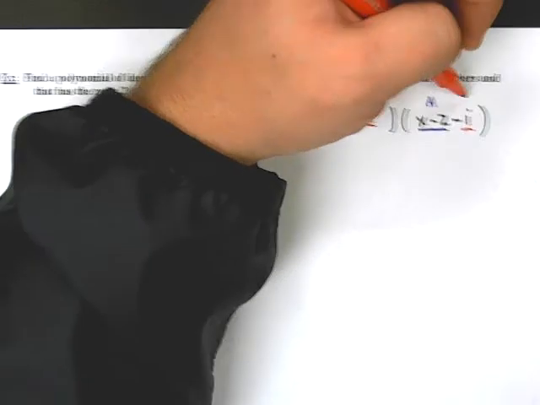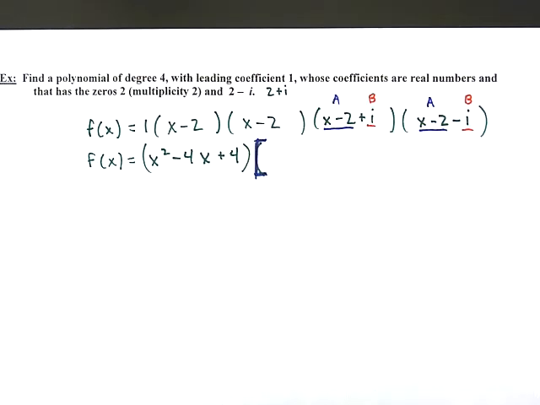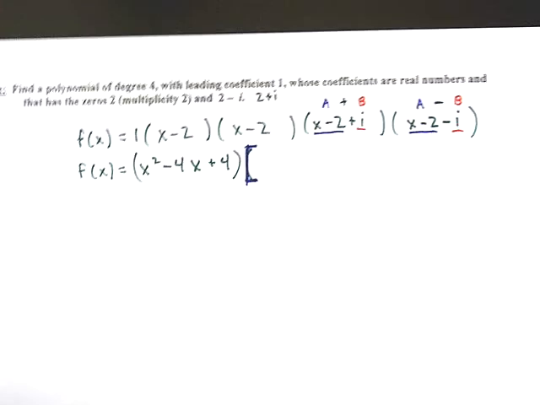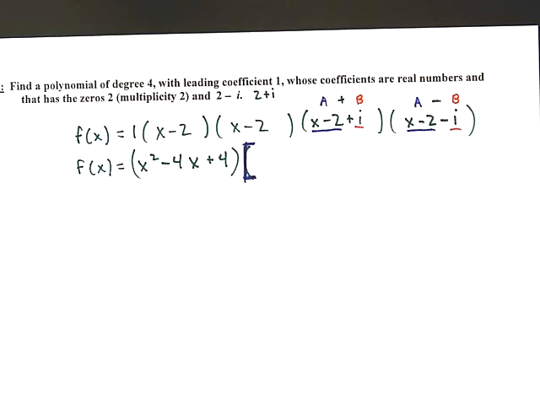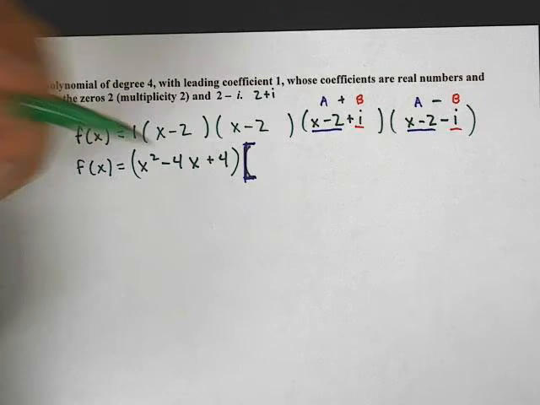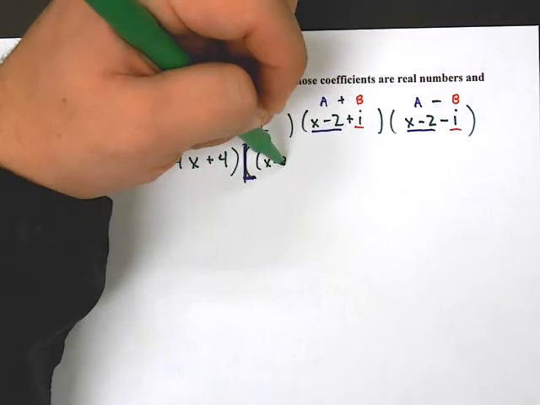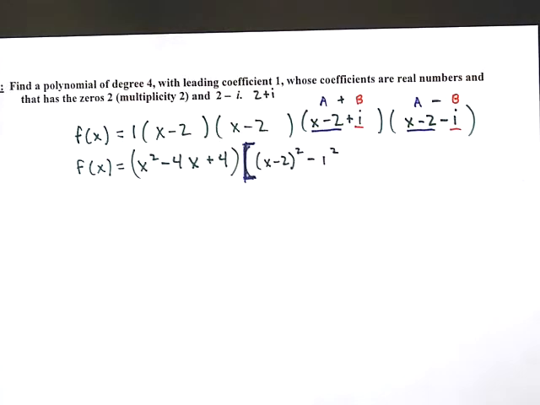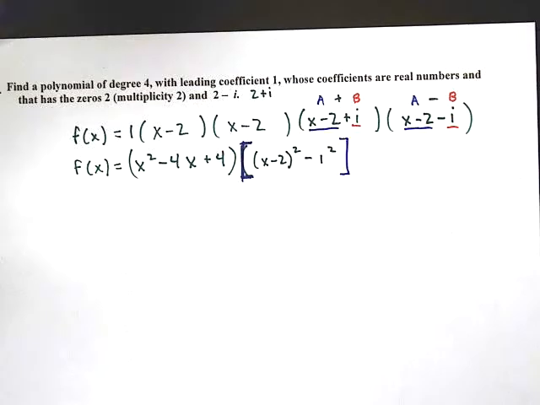That is my b. Okay, I have a plus b, a minus b. This always multiplies to a squared minus b squared. And then I will close that up.